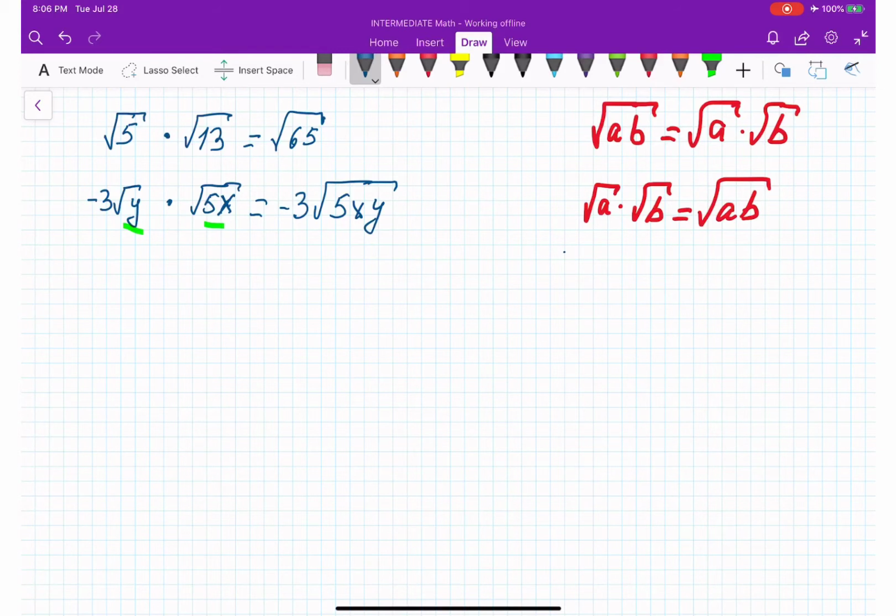3 square root of a times 2 square root of b minus 5. Okay. How much is it going to be?